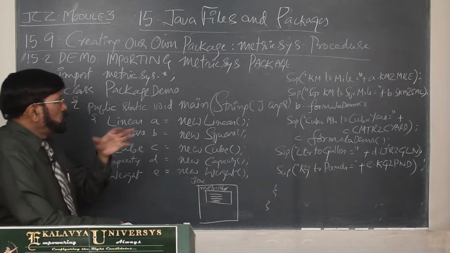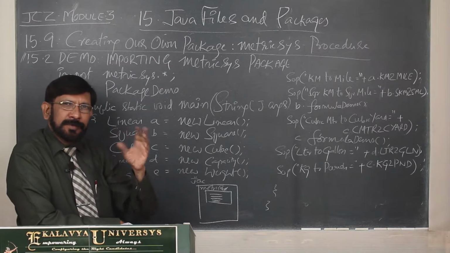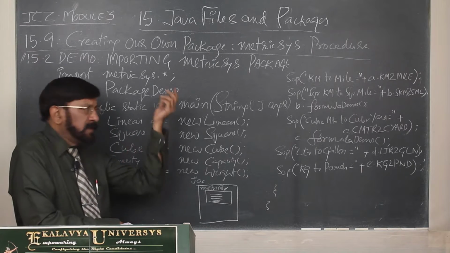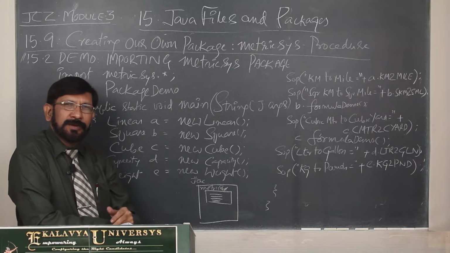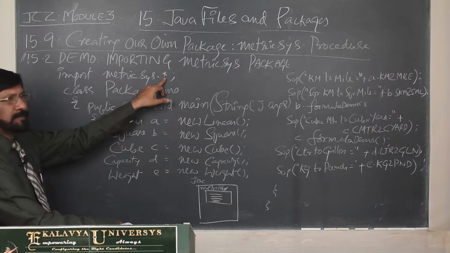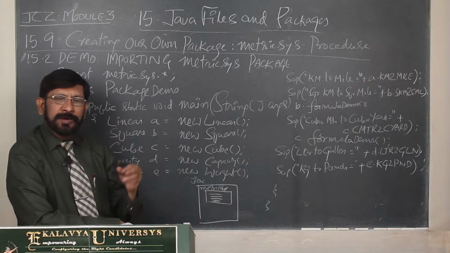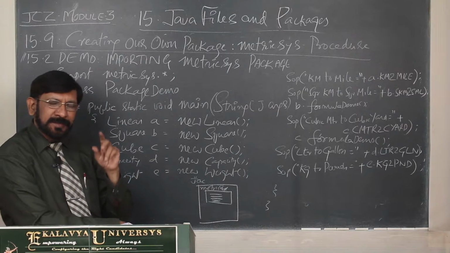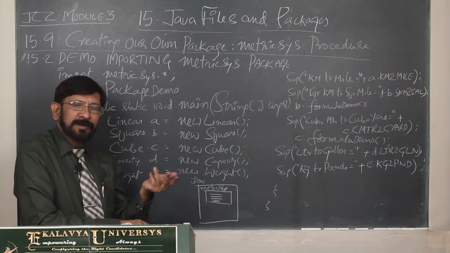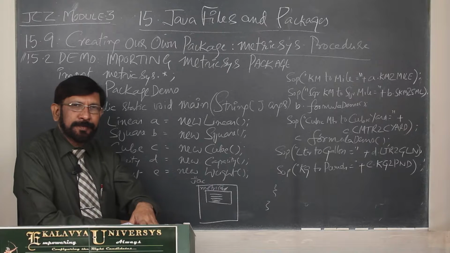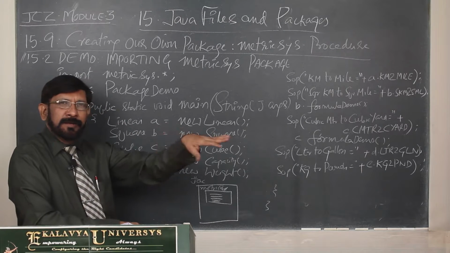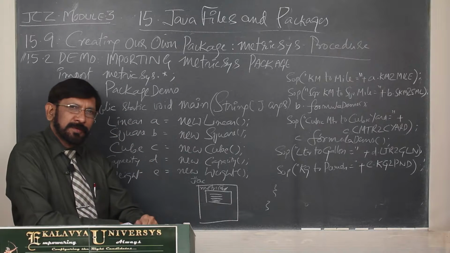But if you want to use all the classes in Metricsys, sometimes you may not have clarity at the time of writing, so to have a free hand, you can use the wildcard. Every time I say classes, you must understand that in other contexts it may be any other reference type, because I cannot tell you all the 5 names every time.